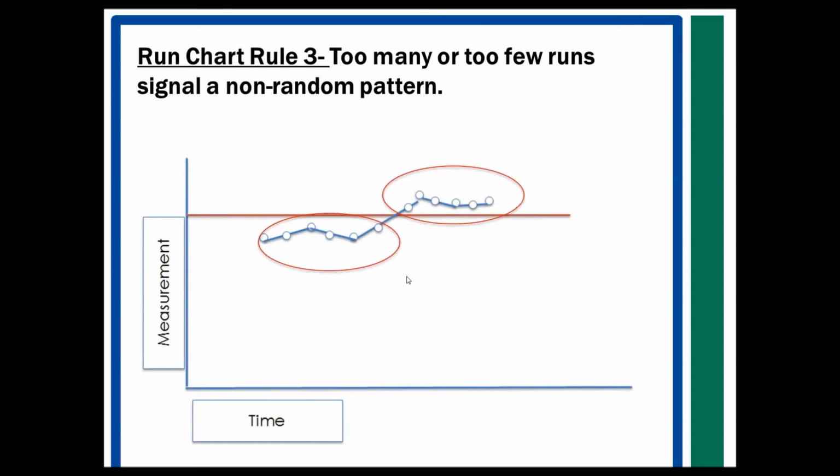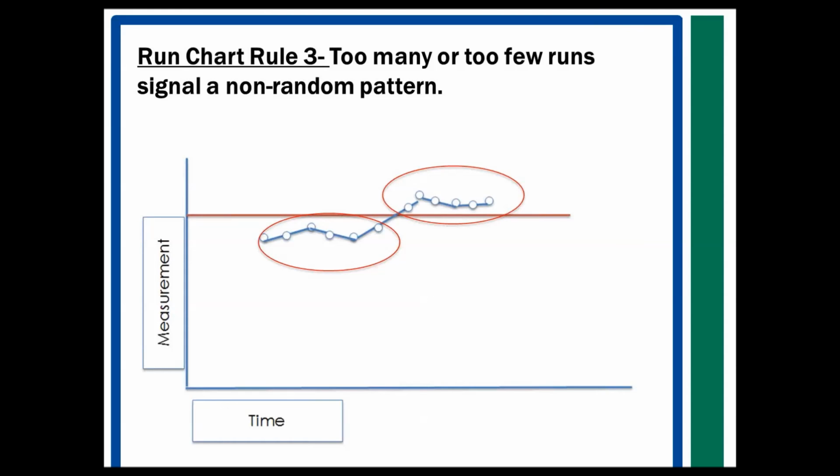So a run ends once that line crosses the median, and we do not count data points that land on the median. What this would tell us is that there is a non-random pattern, and we might need to do some further investigation, such as stratification.